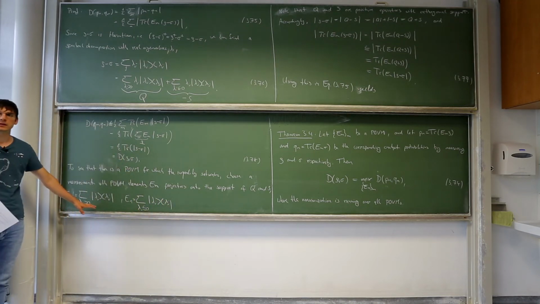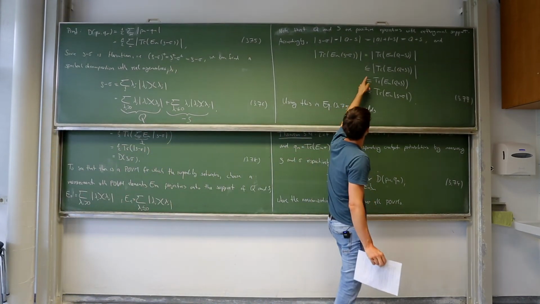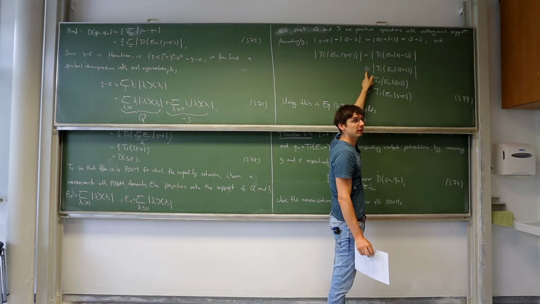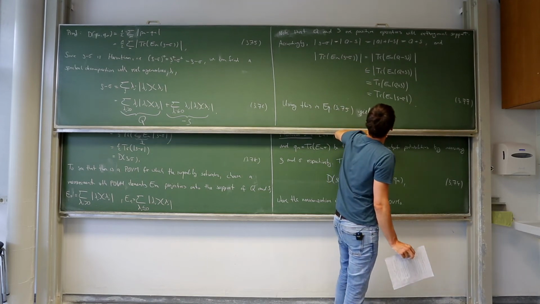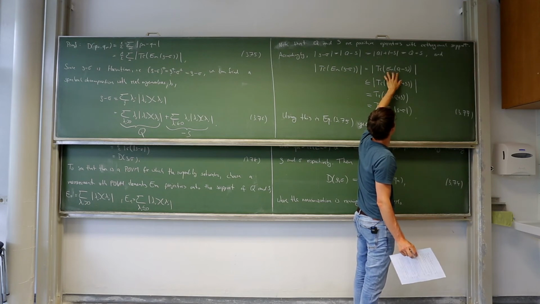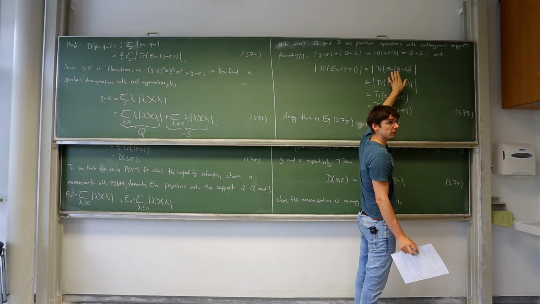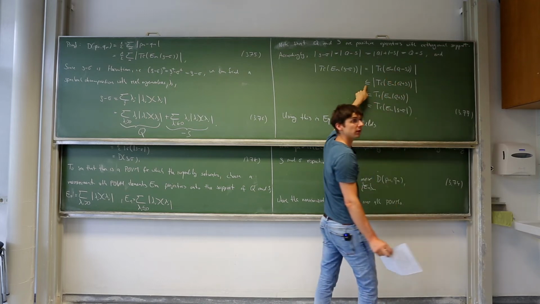Right, if we choose this, then in this case we see that this inequality saturates, right? Because if E is a projector onto the support of either Q or S, only one of these two terms remains, because Q and S have orthogonal support, and then this is an equality.